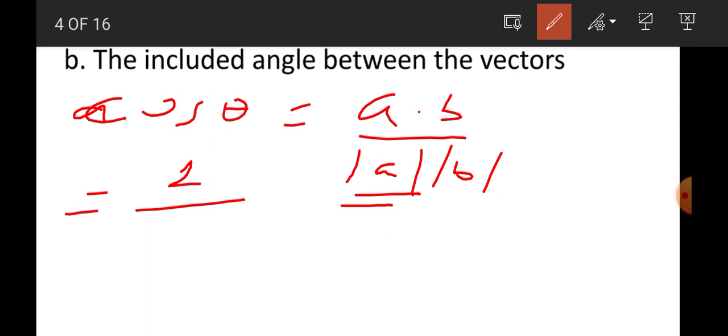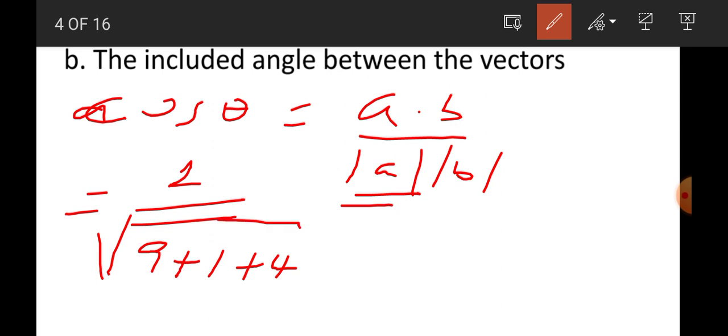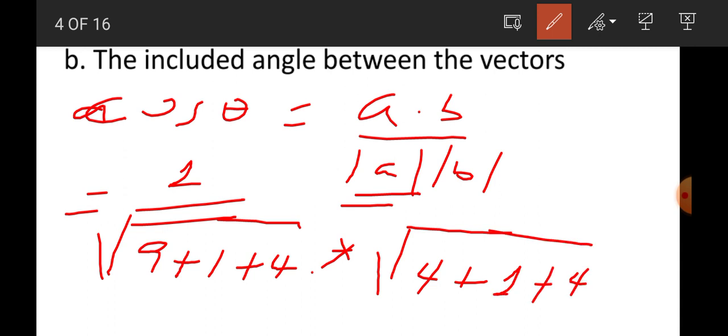vector a ማለት the square root of 3 square ማለት 9 plus 1 square 1 plus 2 square 4 times the magnitude of vector b means the square root of 2 square, that is 4 plus 1 plus 4, the whole, 1 over the square root of 9 plus 1 plus 4 times the square root of 4 plus 1 plus 4.